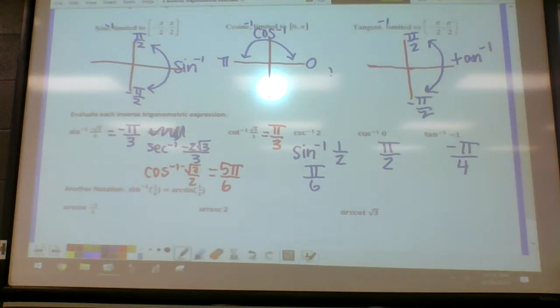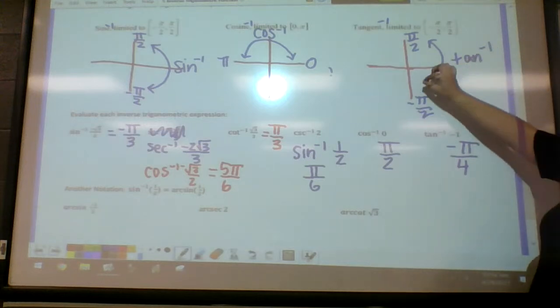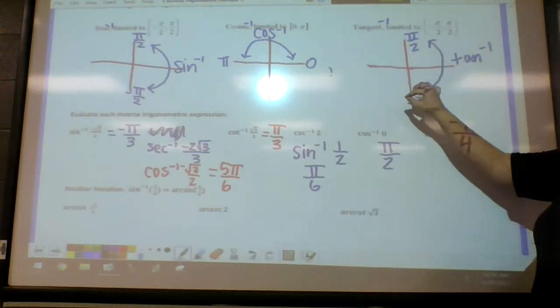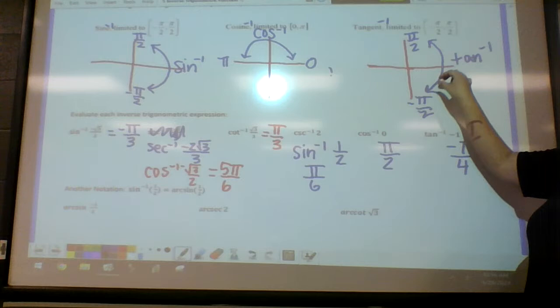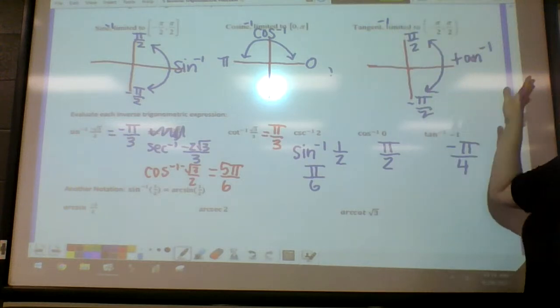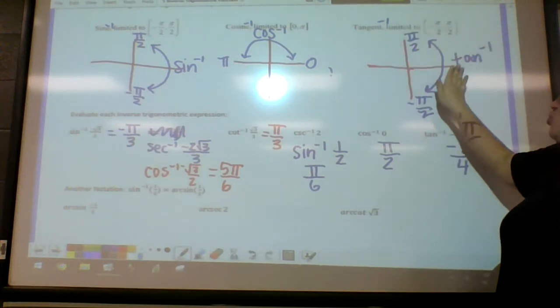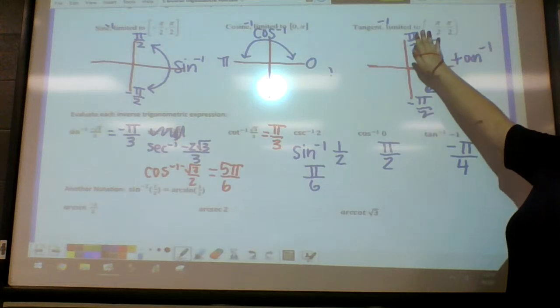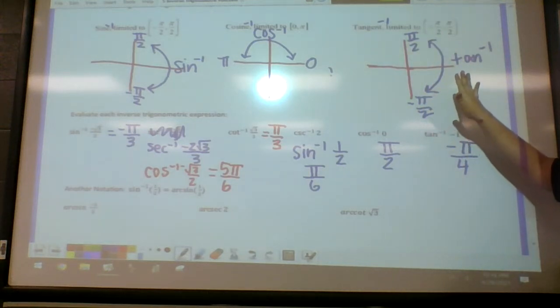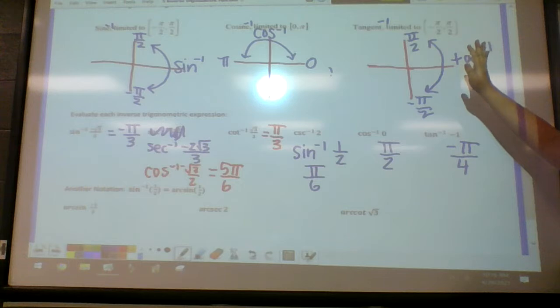Yes. Why can't you just say 7 pi over 4? Tangent is restricted between pi over 2 and negative pi over 2. So what they do is they restrict it. So instead of saying all of it, we're just restricting to these two quadrants because that will cover any tangent angle that we could possibly ask for. Okay.